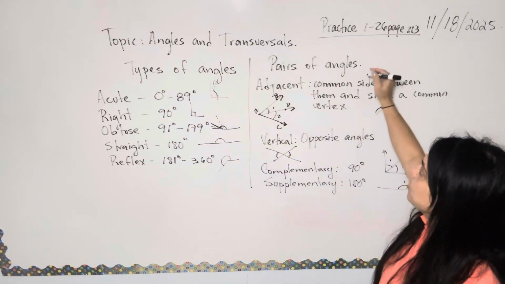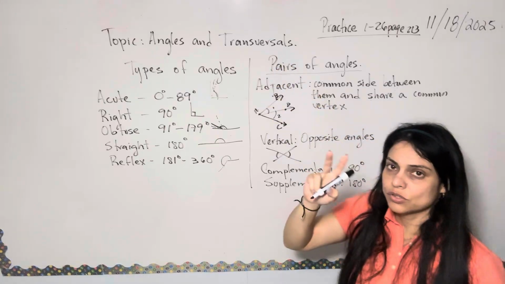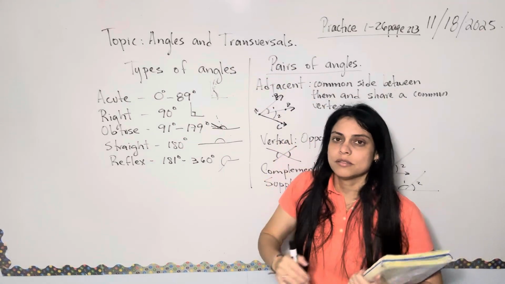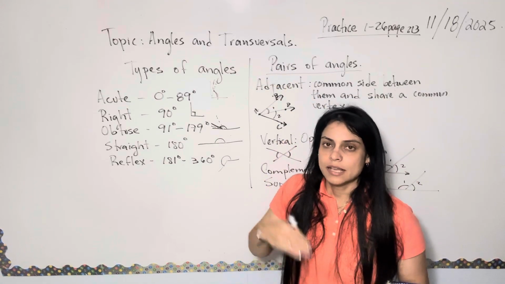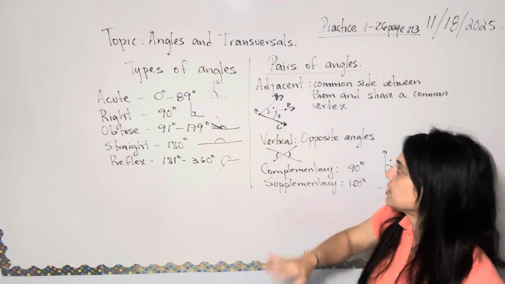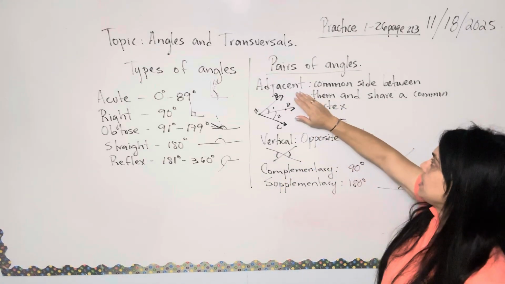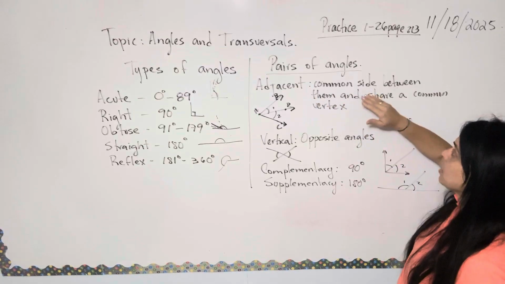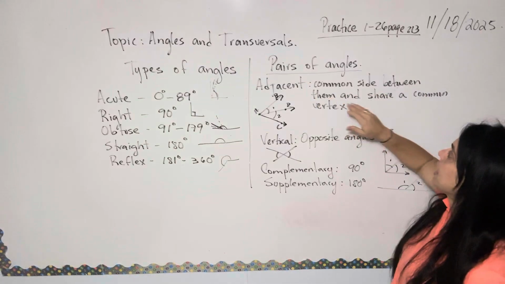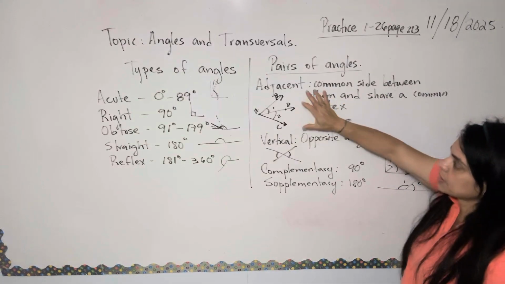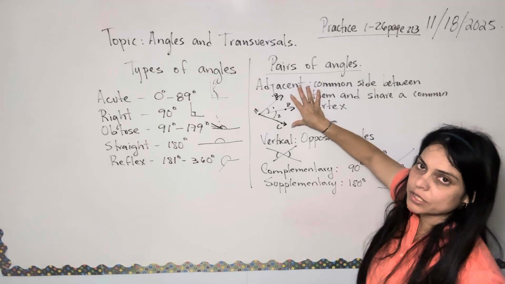So then we have pairs of angles. When we have to compare two angles, depending on the position they have, that's going to be the name of our angle. For example, here we have the adjacent angles. Adjacent angles have a common side between them and share a common vertex. Look at this example here.